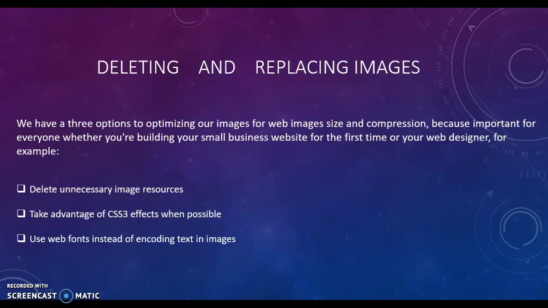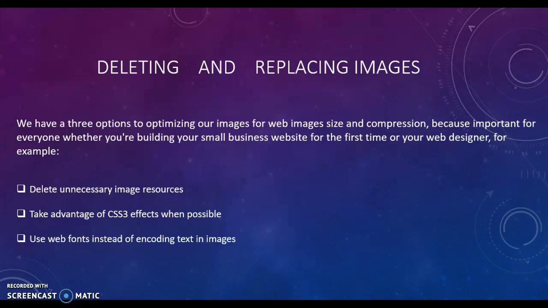optimize images for web. We have three options for optimizing our images for the web. Image size compression is important for everyone, whether you are building a small business website for the first time or you are a designer.